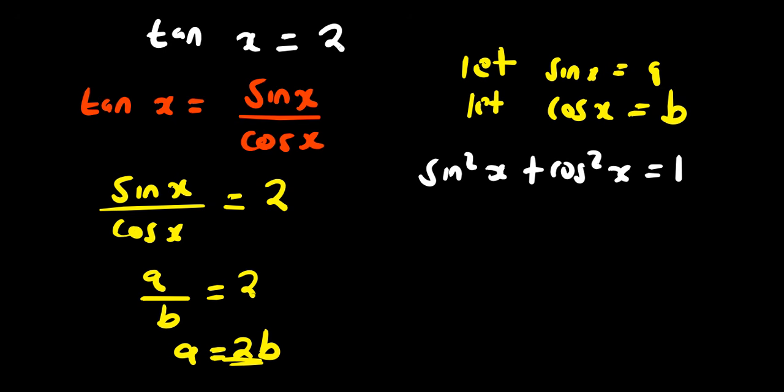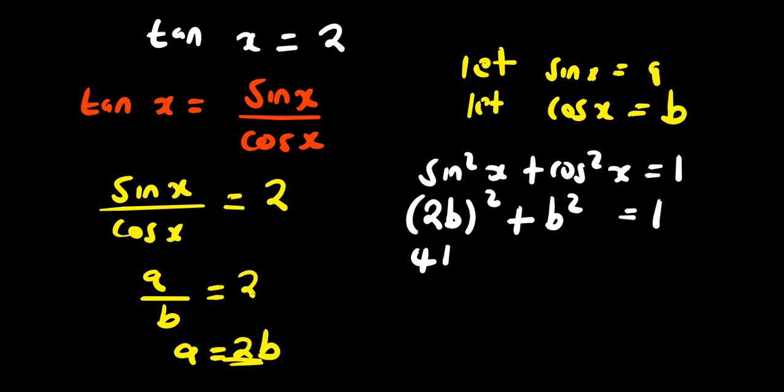Where there is sine squared, I'm going to put 2b, because a is equal to 2b, then this is squared. For cos, it is b squared, then it is equal to 1. Then we solve. When 2b is squared, it will be 4b squared, plus b squared is equal to 1.